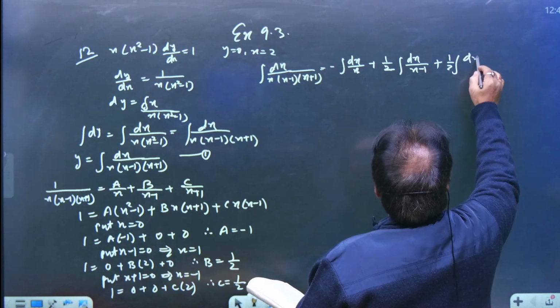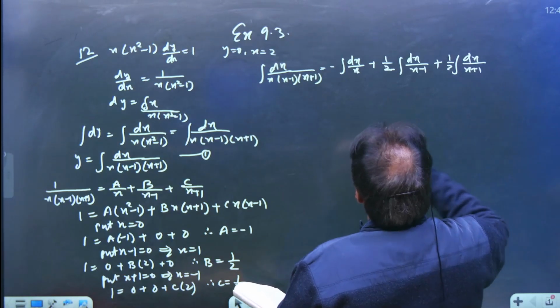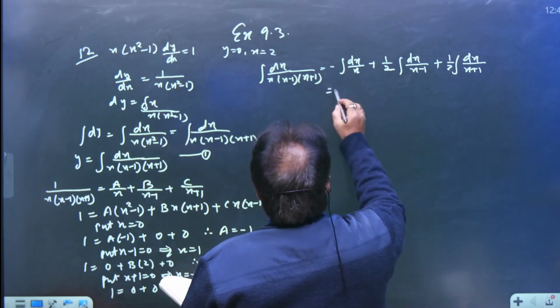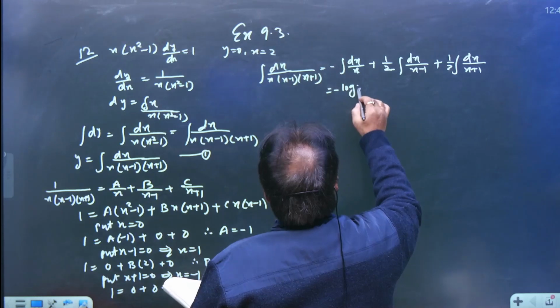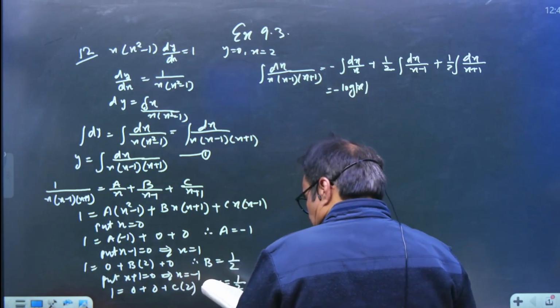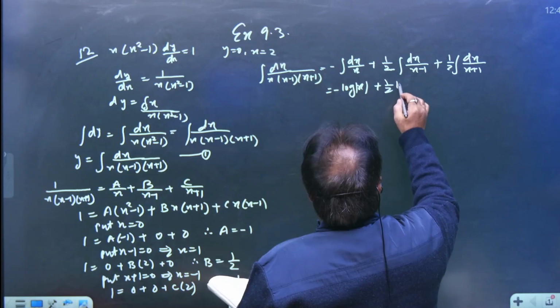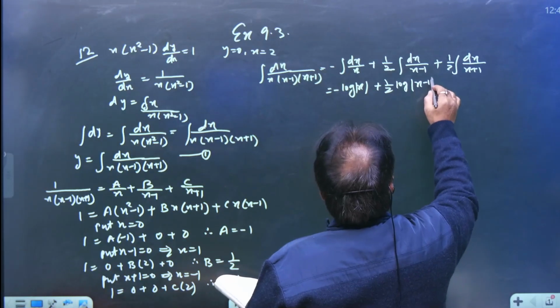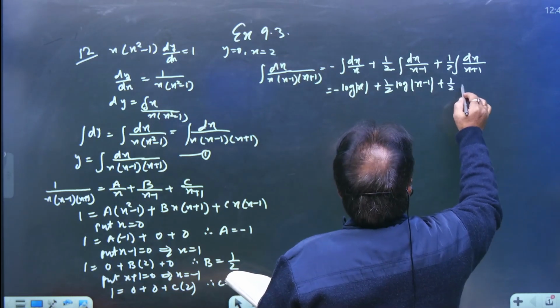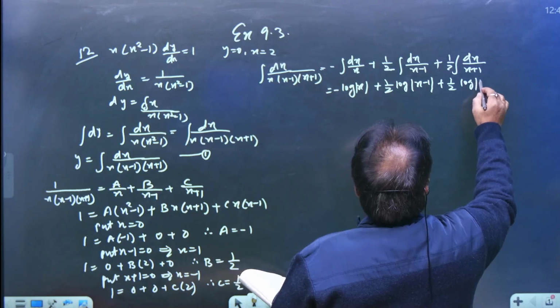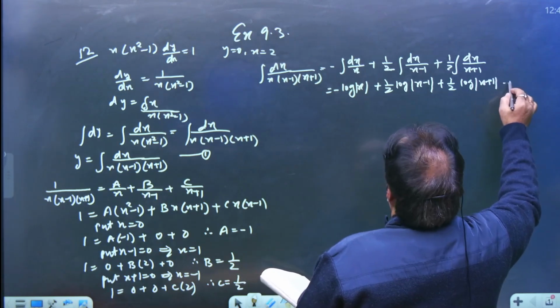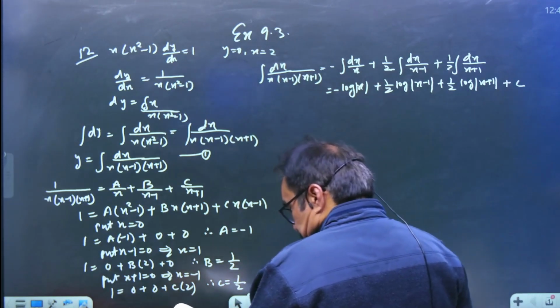So integration of dx upon x plus 1. So this is equal to minus log modulus of x. Okay, minus log x, and this will be 1 by 2 log modulus of x minus 1 and 1 by 2 log modulus of x plus 1 and plus c, right?